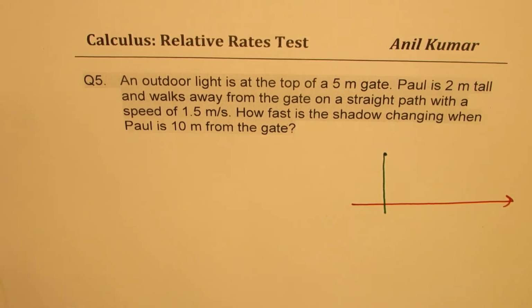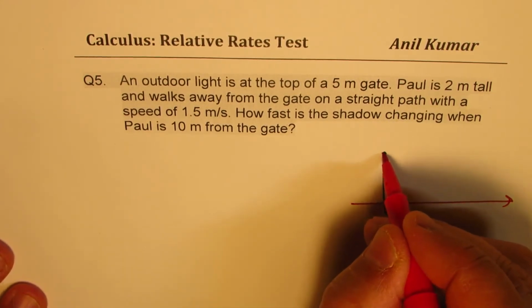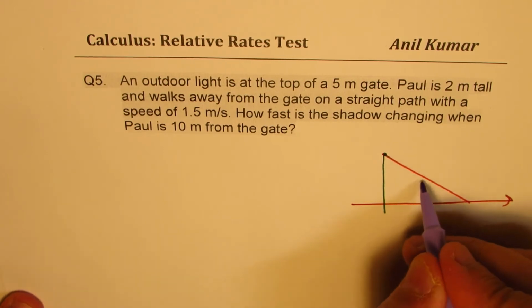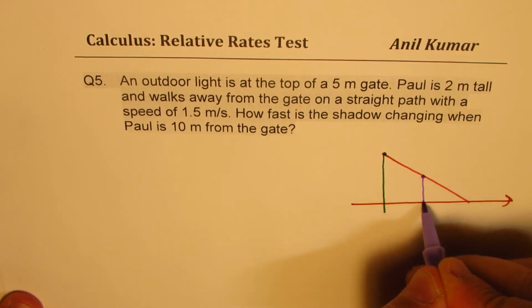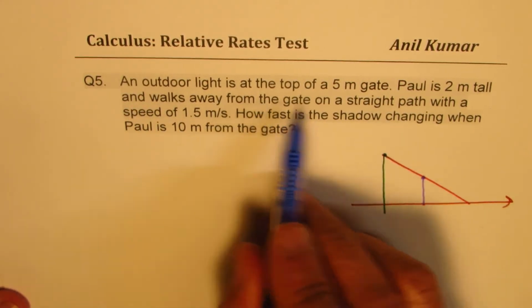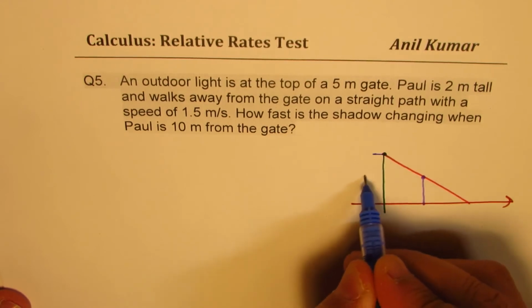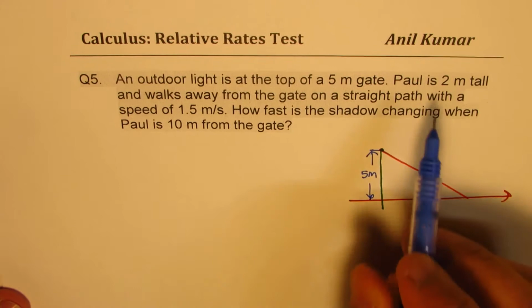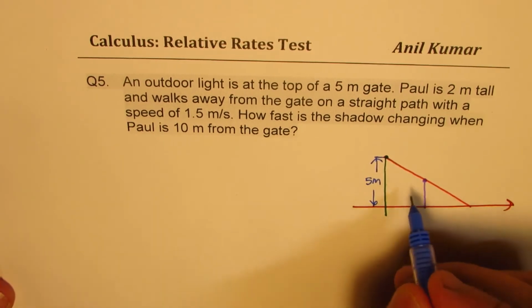Okay, so shadow. So let me sketch this diagram. Let's say this is the position of Paul. What we are given here is that an outdoor light is at the top of a 5-meter gate. So this height is 5 meters. Paul is 2 meters tall.